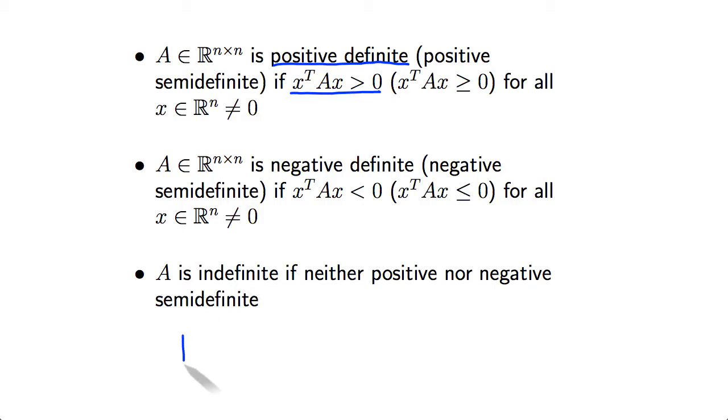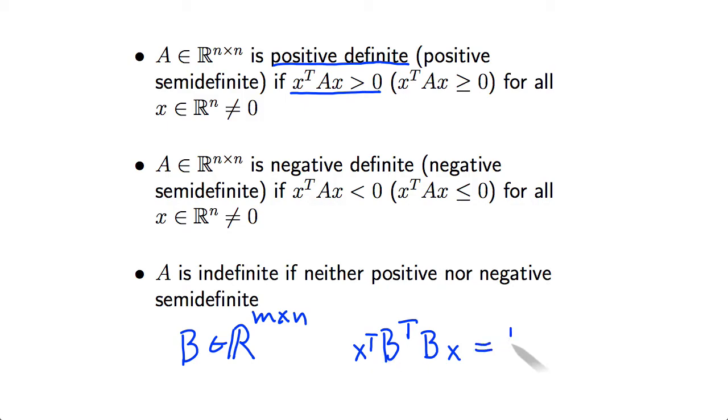Now, as a simple example, let's take some positive definite matrix here. Actually, we'll just define it so that it's positive semi-definite, though with a couple extra additions it could be positive definite. Let's take B to be just some matrix in m by n, and let's look at the matrix B transpose times B. Well, if we take this quadratic form, x transpose B transpose B x, this whole thing is also equal to the L2 norm of B times x squared.